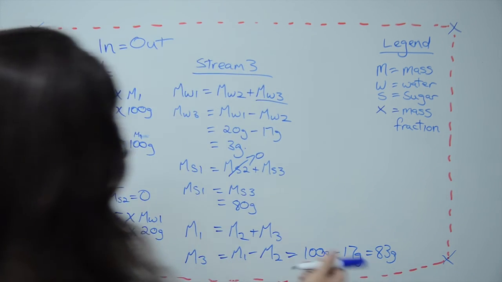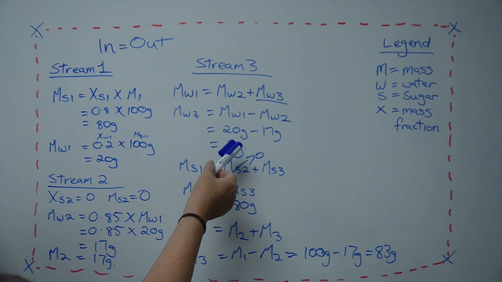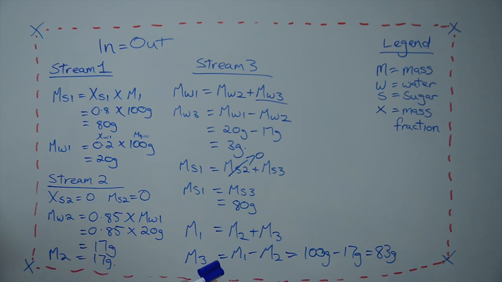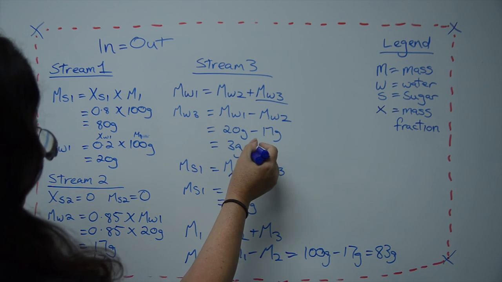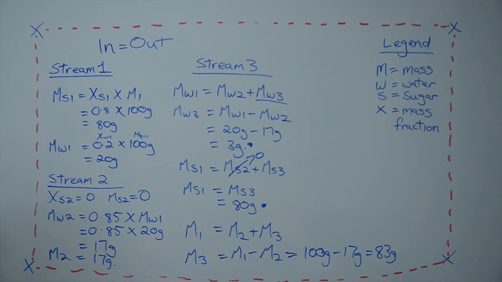And if you have a quick look back, we could come to that quite quickly as well when we have a look at the fact that we've got the 3 grams there and the 80 grams there. You could also add those two factors to get your 83 grams as well, because they are the two components of the third stream. So that's our answer for our mass balance on this equation.